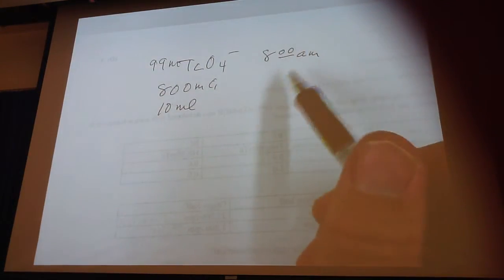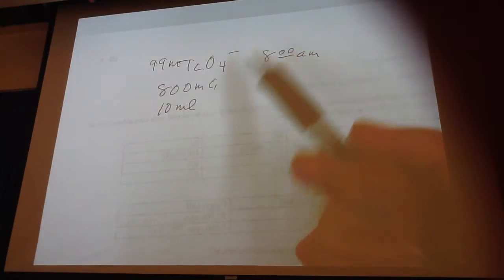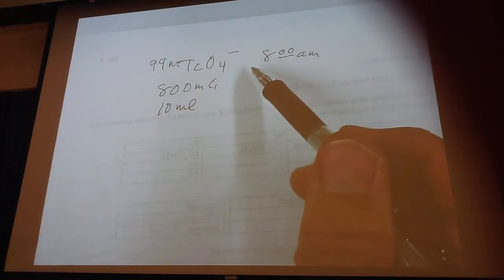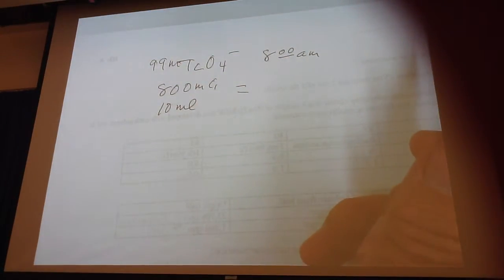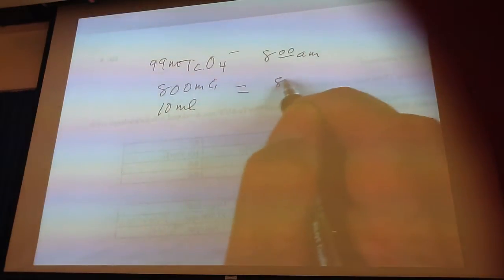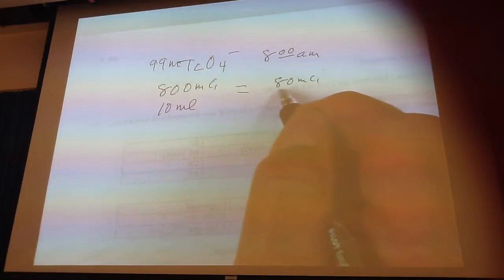Just so you know, if you need to have a certain concentration, now what's the concentration of this right now? What's my specific concentration? 80 millicuries per ml.